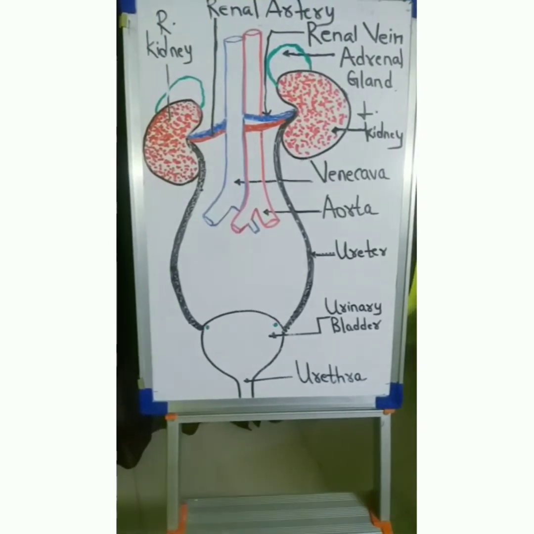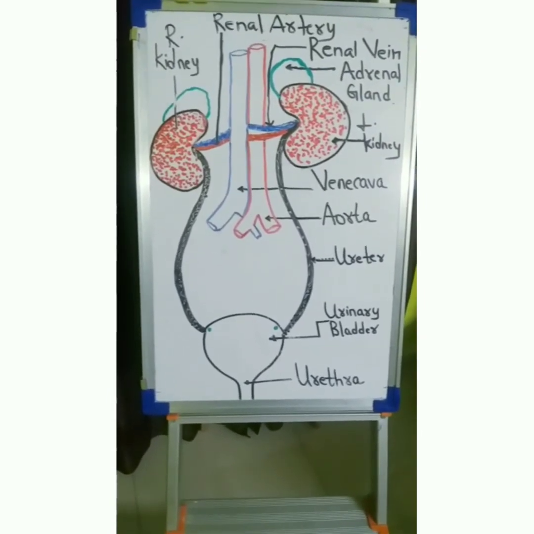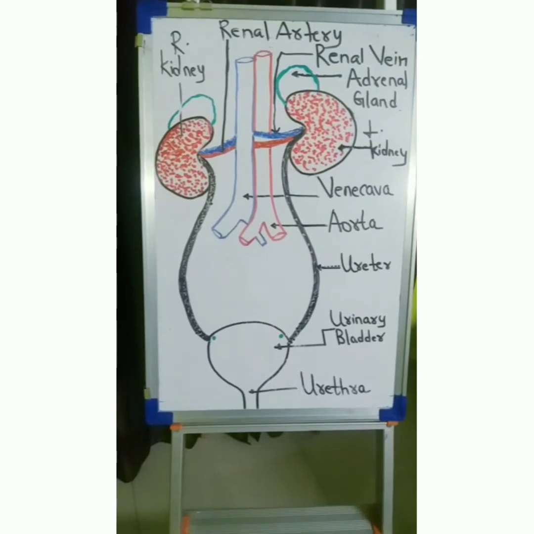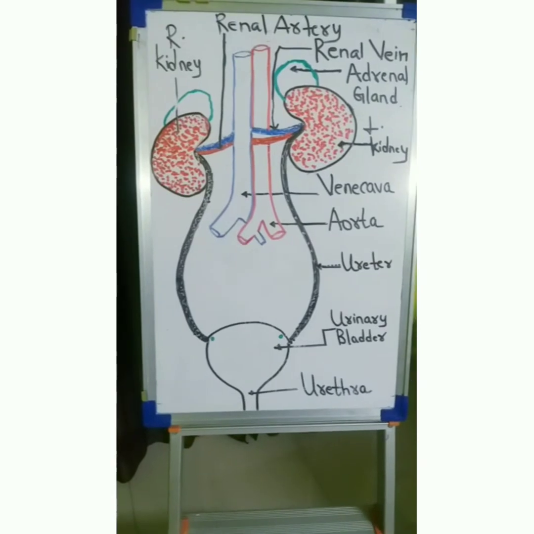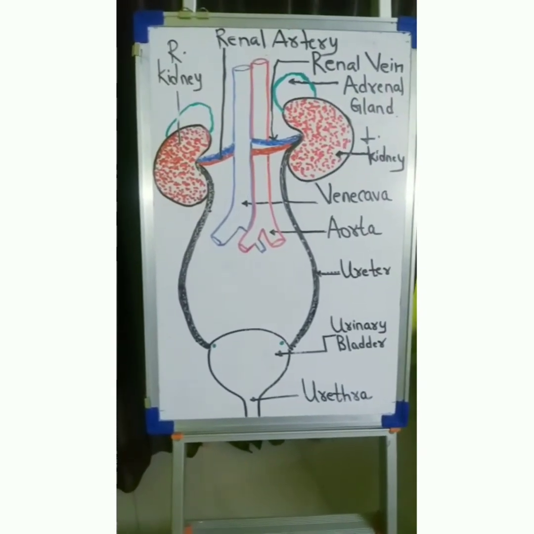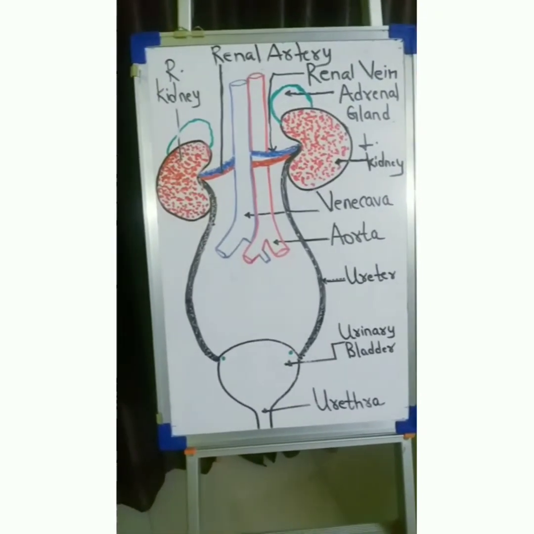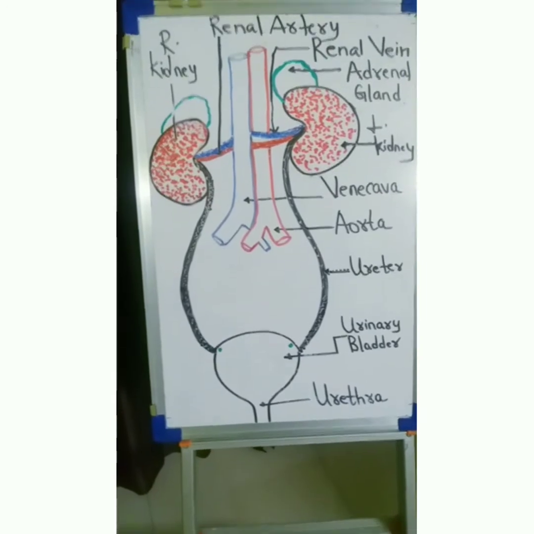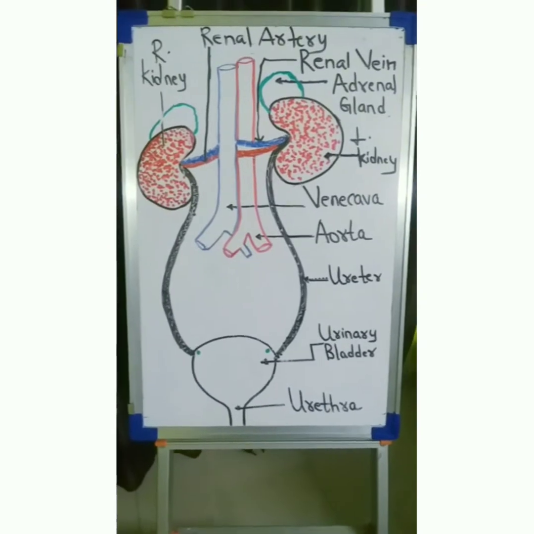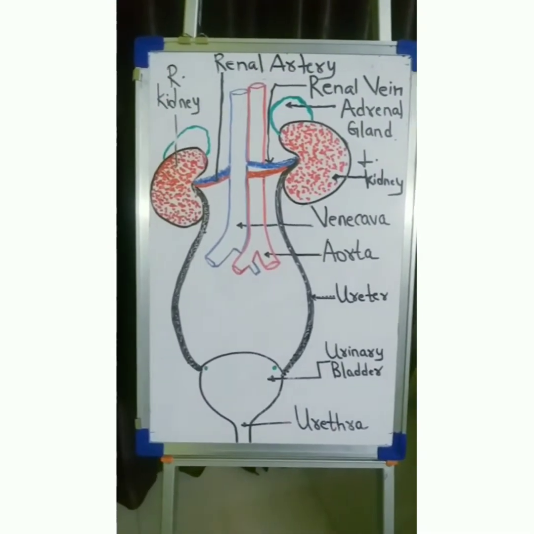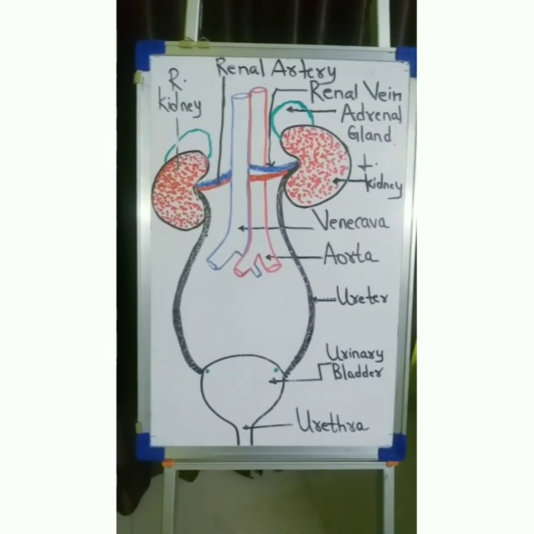Now though its main function is filtration, kidneys also produce certain hormones which stimulate red blood cell production, regulate blood pressure, and also control calcium metabolism. Isn't it amazing? It is a very, very important organ present in our body. As far as the total filtrate produced by the kidney is concerned, near about 190 liters of filtrate is produced by the kidney every day.